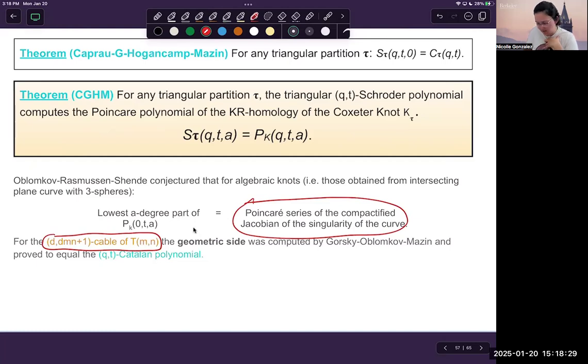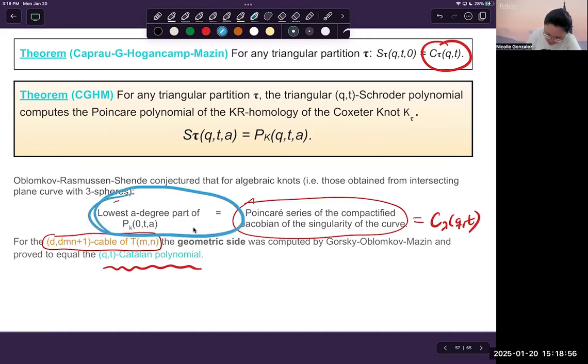And what they proved is that for this particular family, this geometric side gives you the QT Catalan polynomial, let's call it C lambda QT, which is exactly what our guy specializes to. That's the whole point. And so now, what have we done? Well, they computed the geometric side. We computed this side. So this is us.